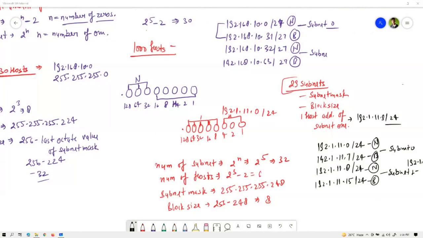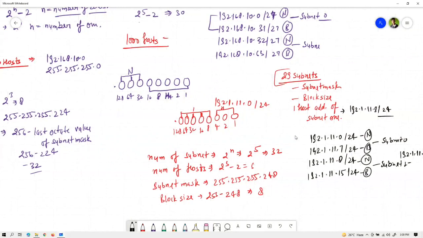How to calculate the number of subnets again? Okay, no problem. See, the number of subnets is defined by the used bits, meaning the bits that you are going to make one. Let me show you again.